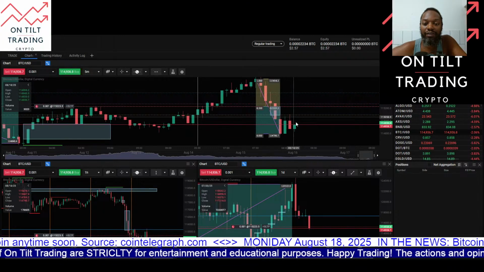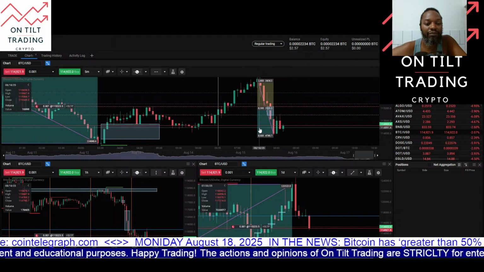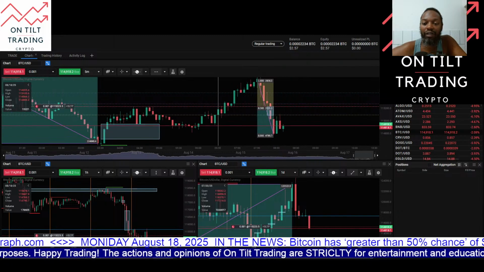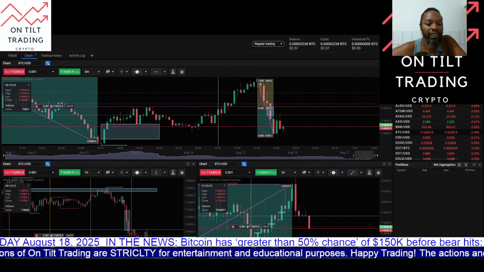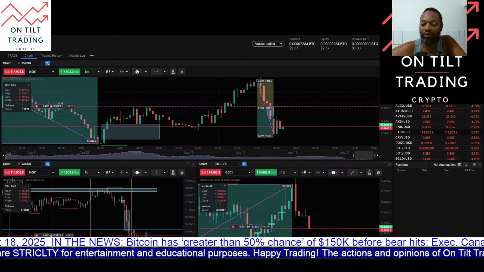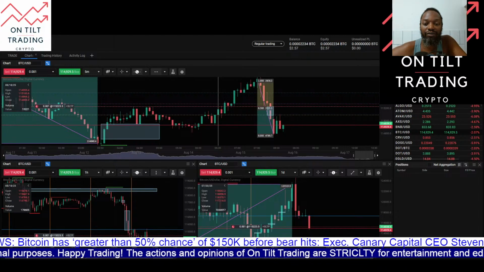Now you can see price consolidating down here in this area. The next target on liquidity would be this sell side liquidity resting right below this level, but as you can see, price has failed to reach that.